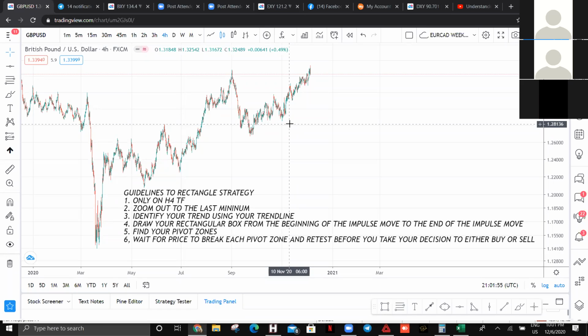And the disadvantage of it is that it has a large stop loss. That's one thing you should know.